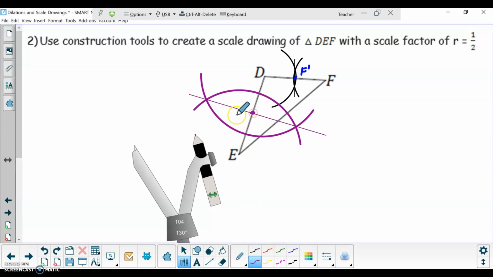This point right here is E prime. Now I take my straight edge and connect E prime to F prime, and here I have a triangle that's now half the size of the original. Again, if you want, you can call this D prime, you don't have to.